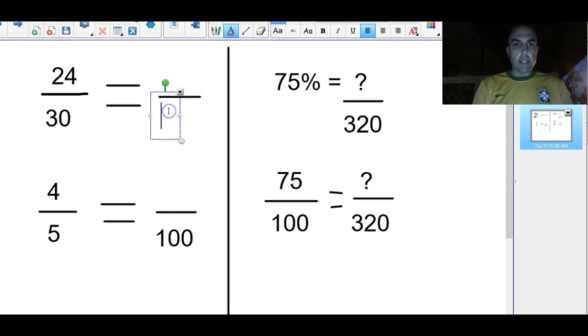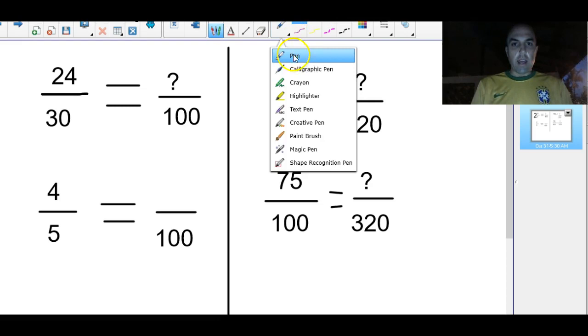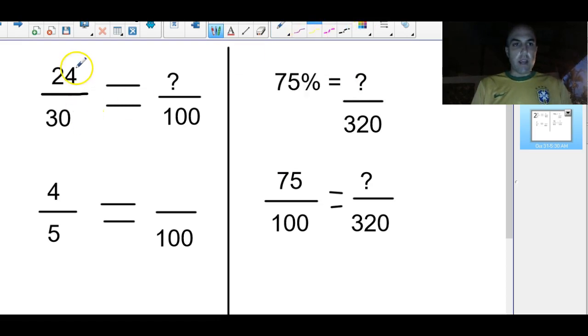The easiest way that I can solve this question, but this is not by any means the only way, is I'm going to look at the relationship between 24 and 30. I know that 24 and 30 have a common factor, and that common factor is 6. So I'm going to take that and divide it by 6, and you can see down at the bottom what happens.